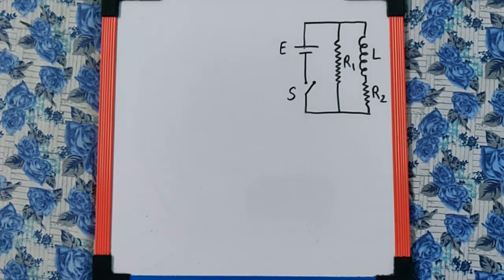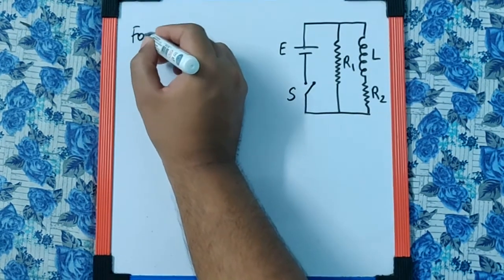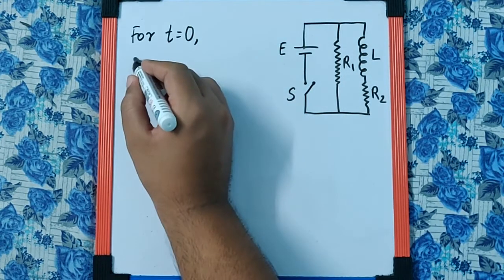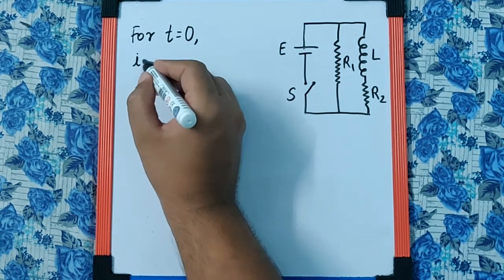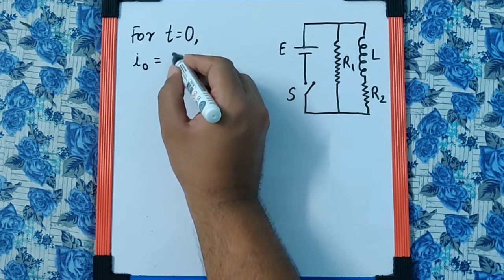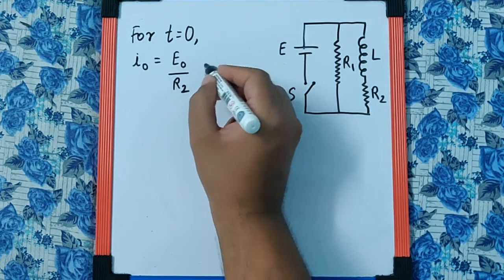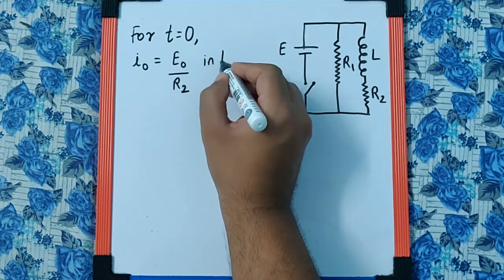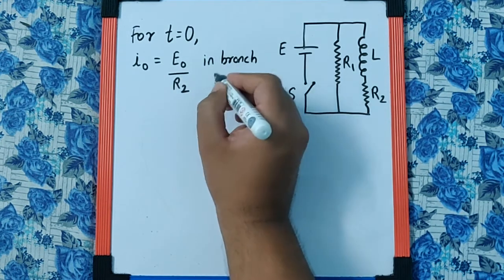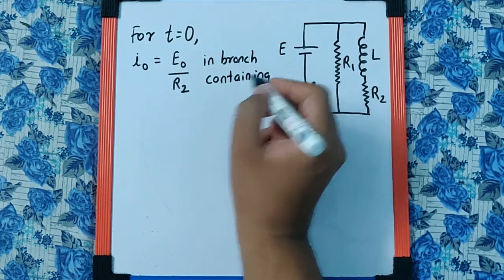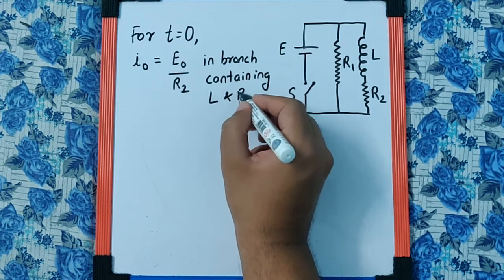Now we can say for t equal to 0, the maximum current, which is I naught, is going to be E naught by R2 in the branch containing L and R2.